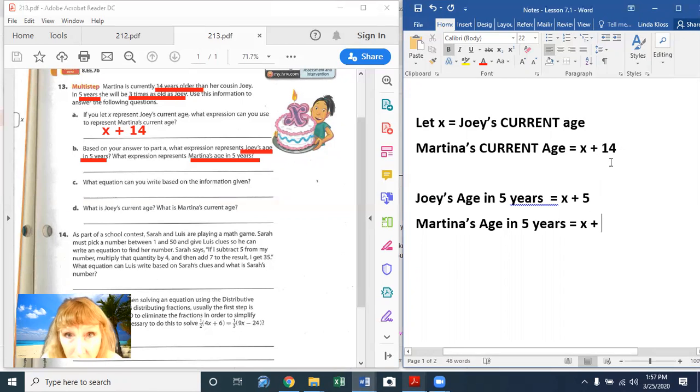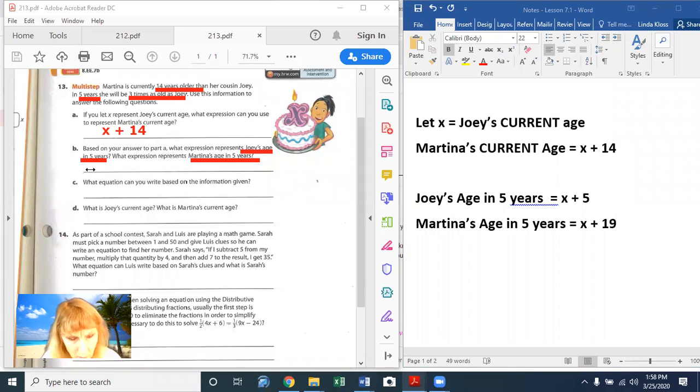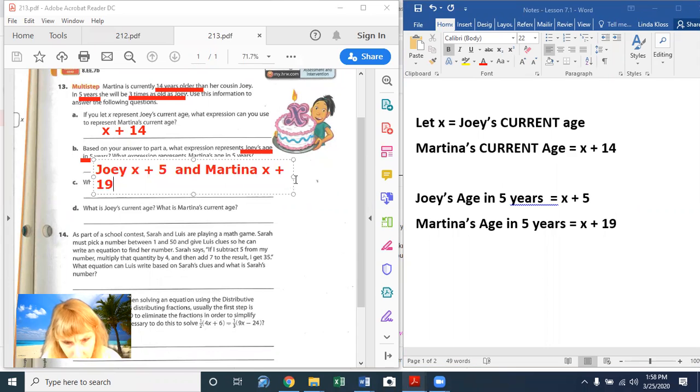In 5 more years, she'll be 14 plus 5 more years older, or 19 years older, right? So that we can fill that in. Joey will be X plus 5. And Martina will be X plus 19. Stretch that out.